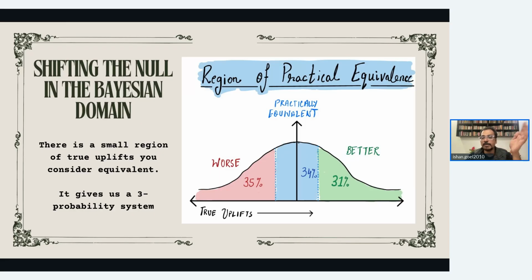So if I'm saying minus 2% to 2% are uplifts that I'll consider equivalent, then the area between minus 2% and 2% becomes my probability of practical equivalence. The area greater than this becomes my probability of better. Anything above 2% is better and anything below minus 2% is worse. This is equivalent to shifting the null hypothesis in the frequentist domain.